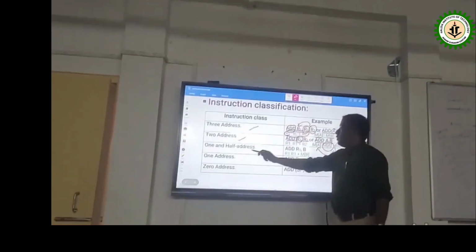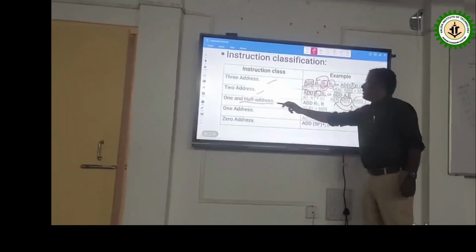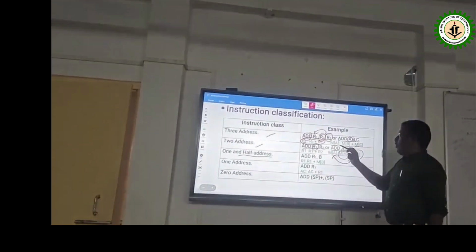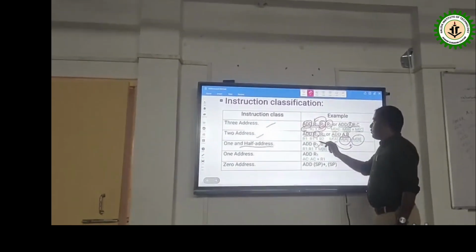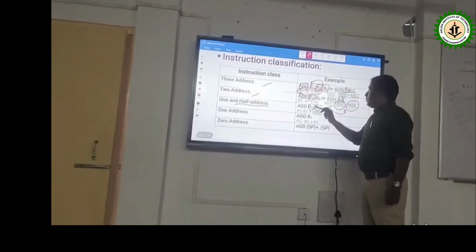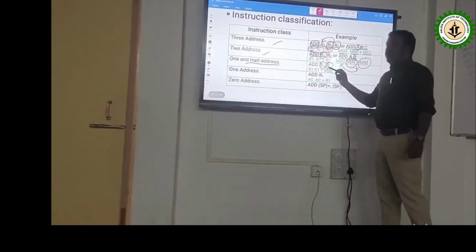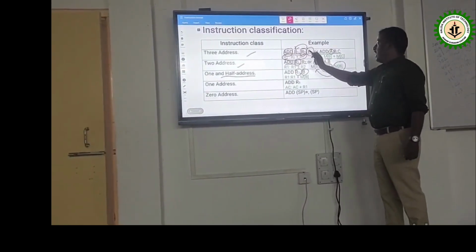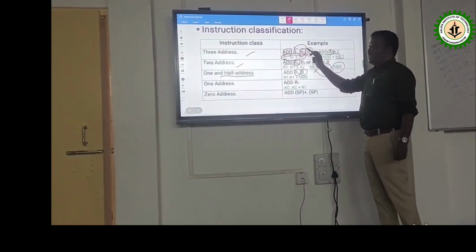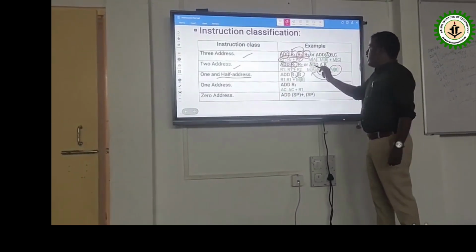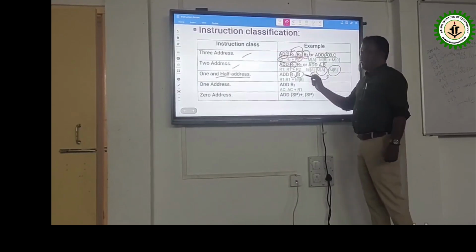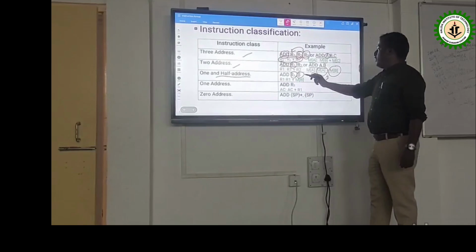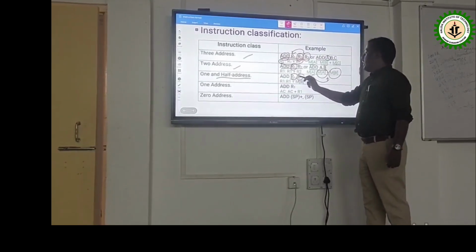In the third case, we call it the 1 and a half address instruction. Why is it named so? Because here a combination of register and main memory will be used for the operation. In all the cases, R1, R2, R3 denote the contents of registers and A, B, C are the memory locations in main memory. So it is called 1 and a half address because a register and a main memory location are used in the operation.